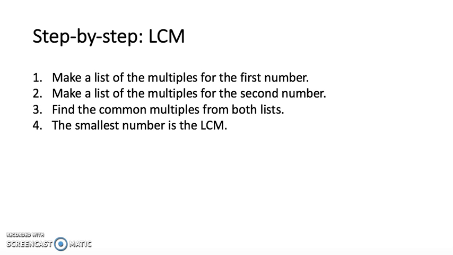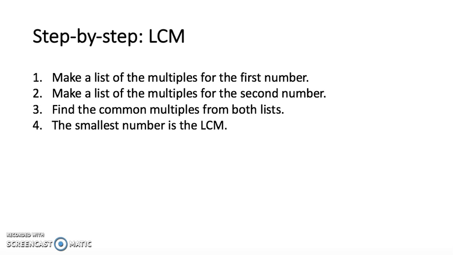So let's say you want to find the LCM of 8 and 4. The first 5 multiples of 4 are 4, 8, 12, 16, 20. Then the multiples of 8 are 8, 16, 24, 32, 40.